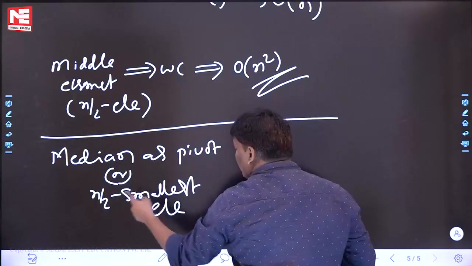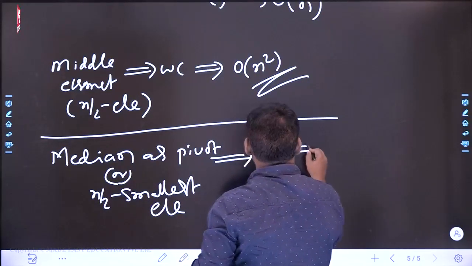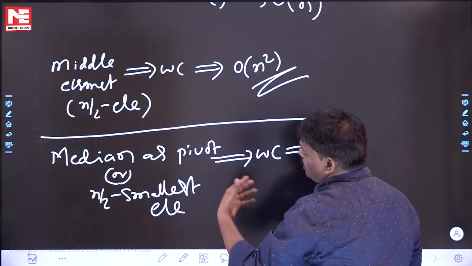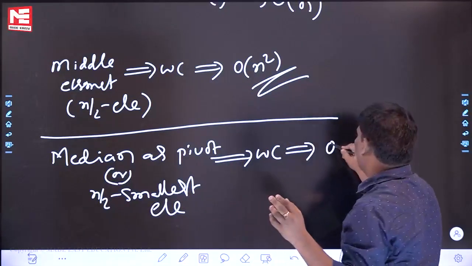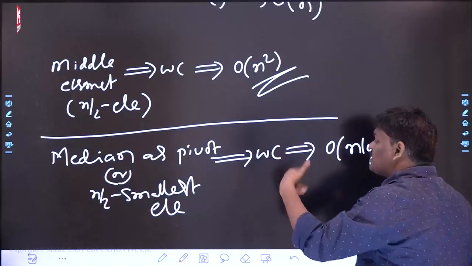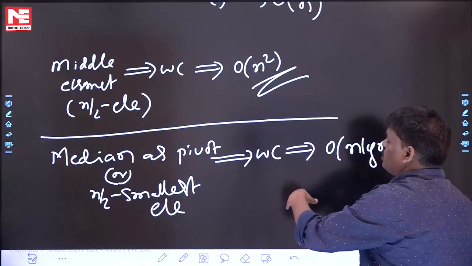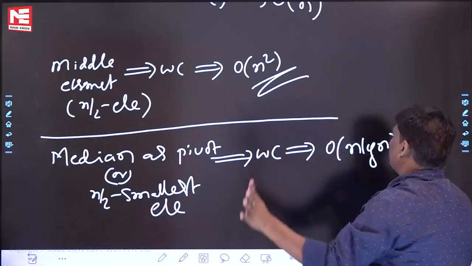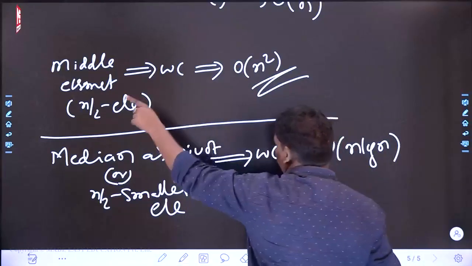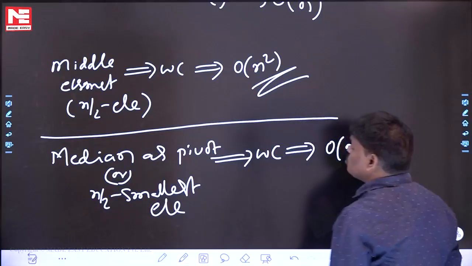Median means n by 2 smallest element. What is the worst case they are asking? If you take the n by 2 smallest element, it will go to the n by 2 place, means 50-50. So finally n log n will come. Please check. If you take the median as the pivot element, which is the n by 2 smallest element, the time complexity in worst case, every case, is n log n, because it will divide exactly into 2 parts. Middle element is different, median is different.